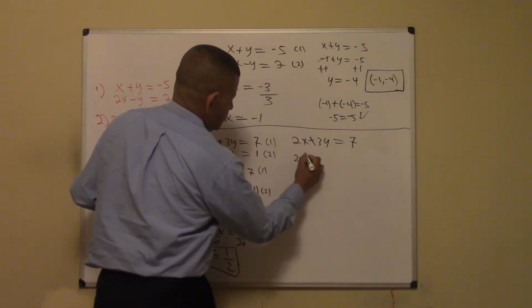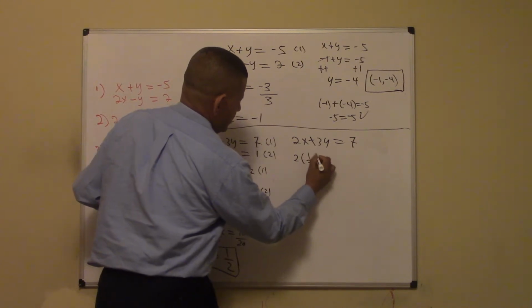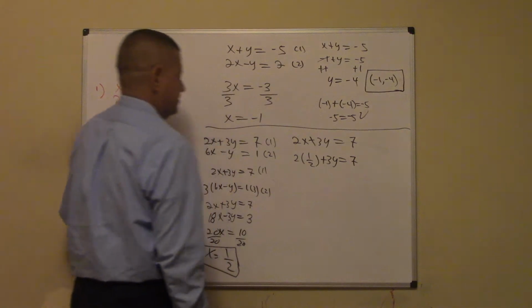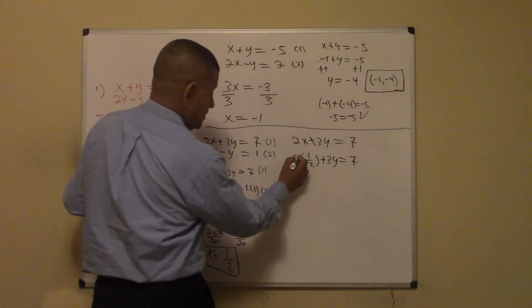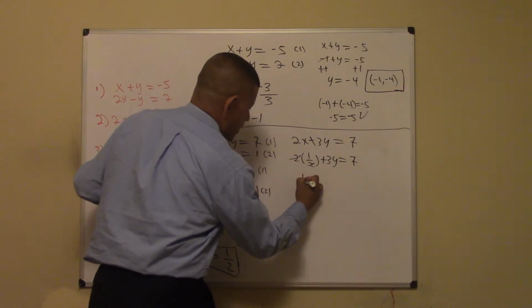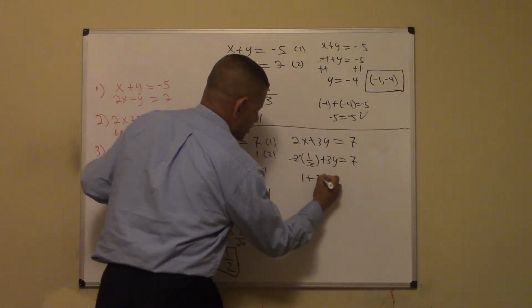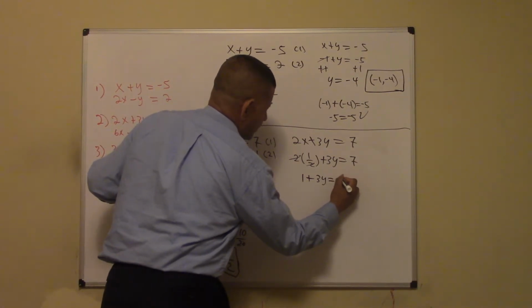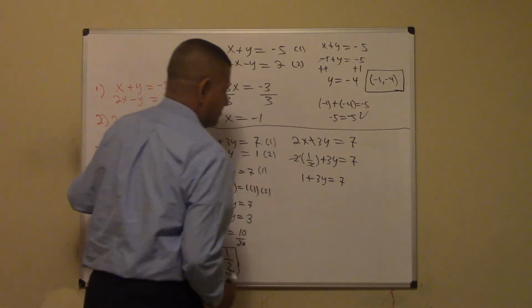So 2 times 1/2 plus 3y is equal to 7, right? Then this 2 and this 2 cancel out, and I get 1 plus 3y equal to 7, right?